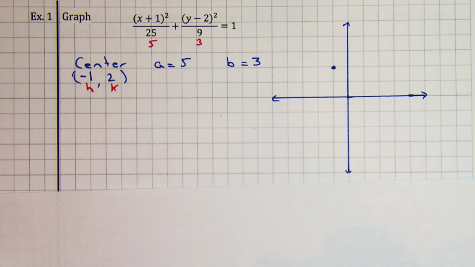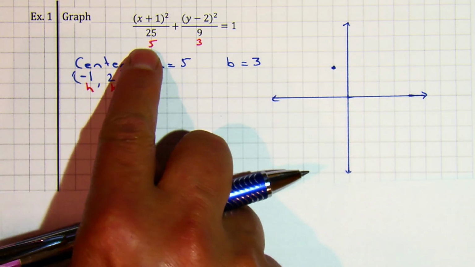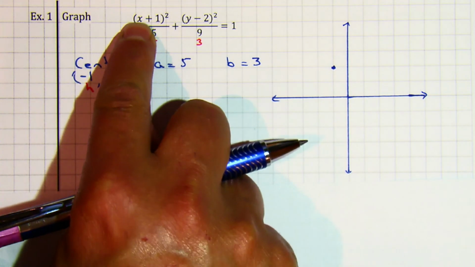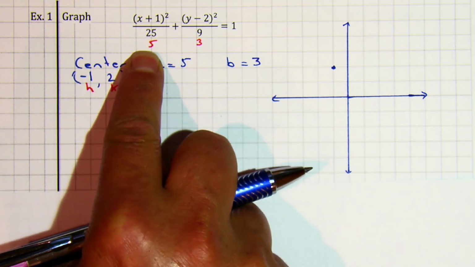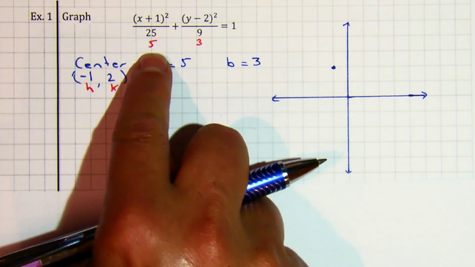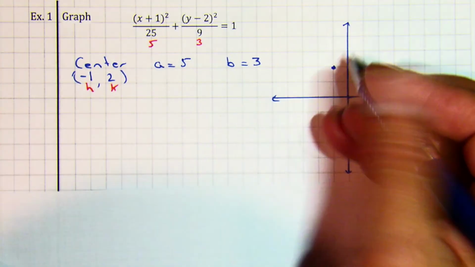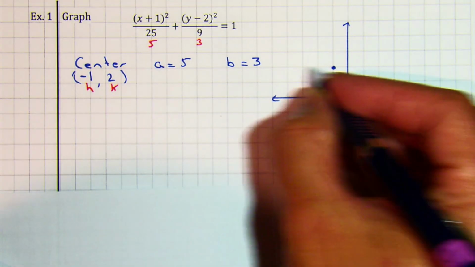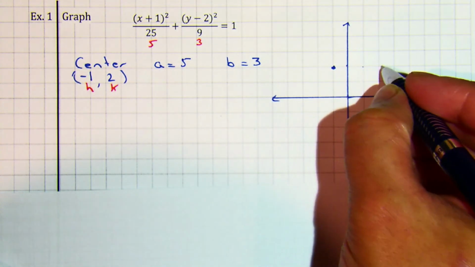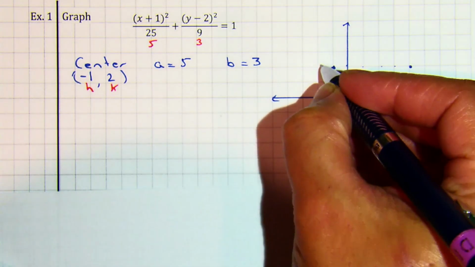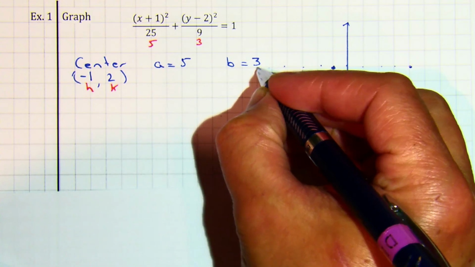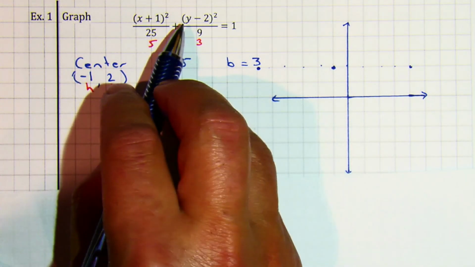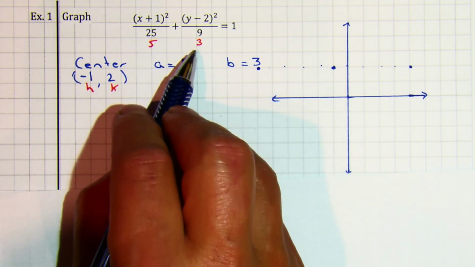And now to graph it. The 25 is under the X, and its square root is 5. If it's under the X, that means I'm going to have to go sideways. 5 left and 5 right. 1, 2, 3, 4, 5. Under the Y, there's a 9. The square root of 9 is 3.